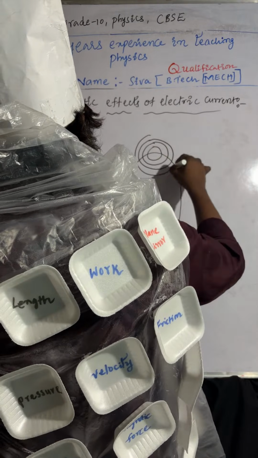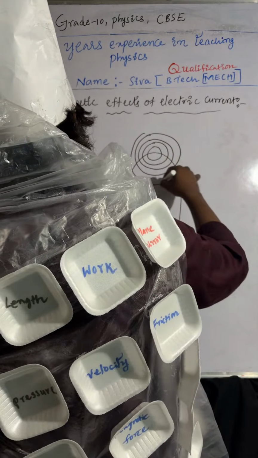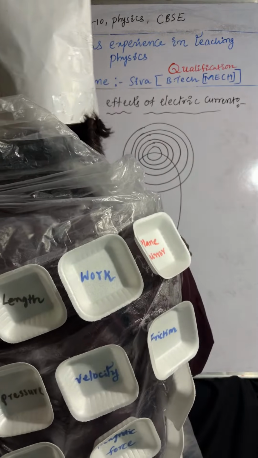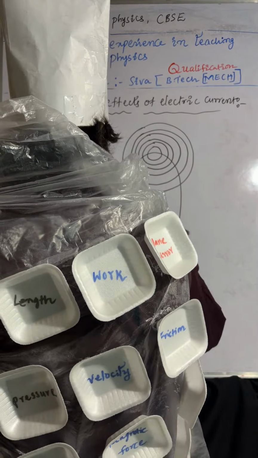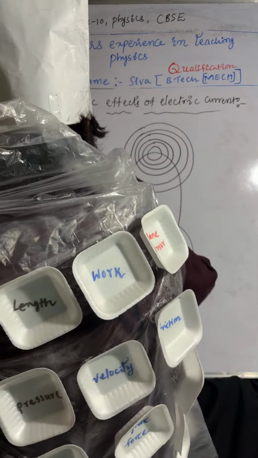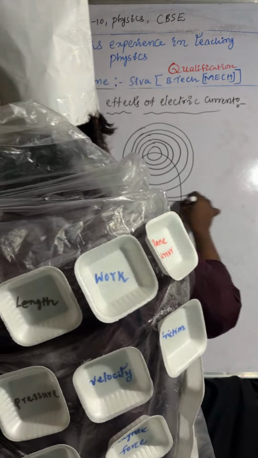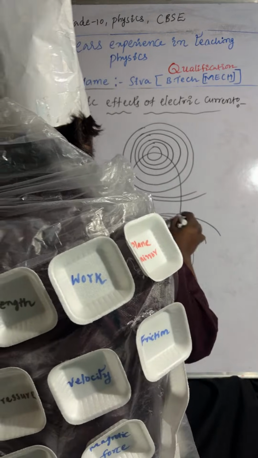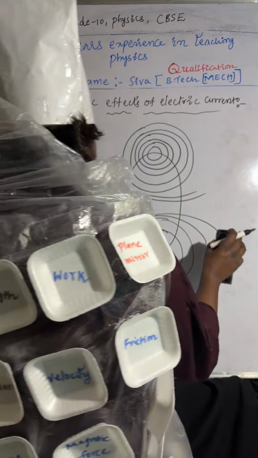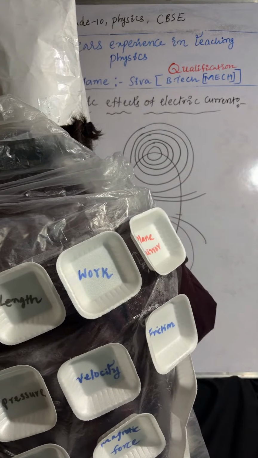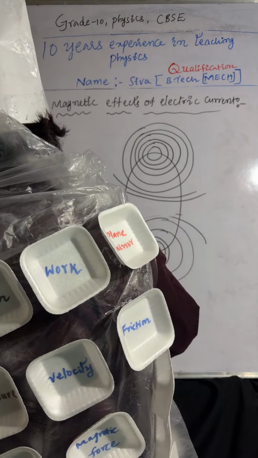Here you can observe the magnetic field will be like this. You need to observe one thing: when the magnetic field is produced, at the center the magnetic field lines will become straight lines.